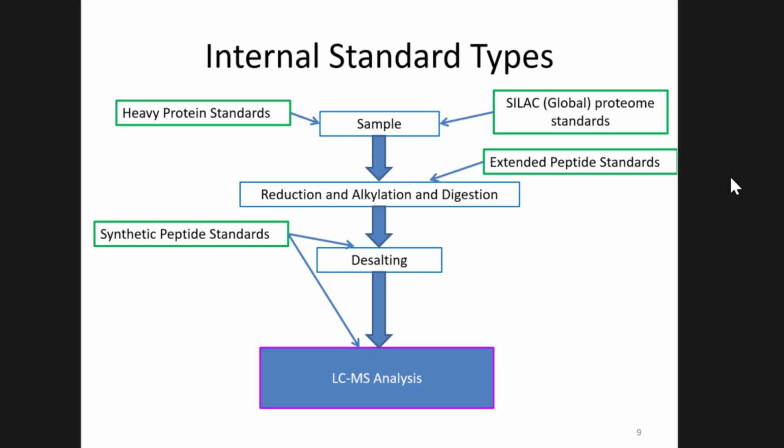And then SILAC, or similarly O18 labeled proteomes, if you're able to get your sample matrix very similar and then isotopically label it, either by growing cells in culture or by doing this O18 labeling, then kind of everything in the proteome will be very similar to what you're trying to monitor for your analyte. And we'll go through the process. So, potential options.